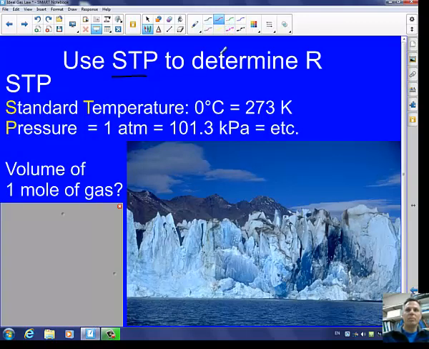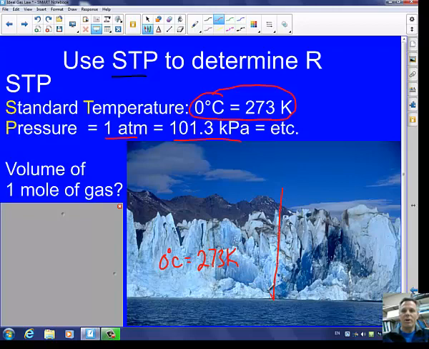So if you remember, STP is standard temperature, and that's 0 degrees Celsius or 273 Kelvin. And standard pressure is 1 atmosphere, which is 101.3 kilopascals. So for example, if we look at this picture, we have ice and water, and the ice here we're going to say is at 0 degrees Celsius or 273 Kelvin, and that would be standard temperature.